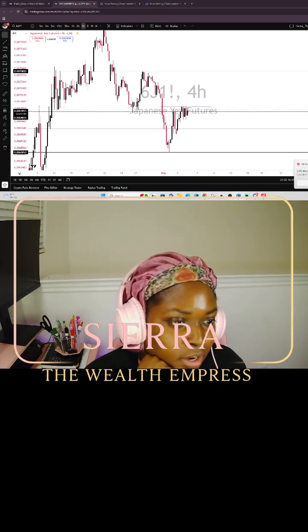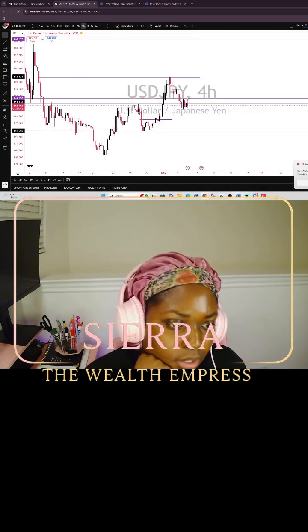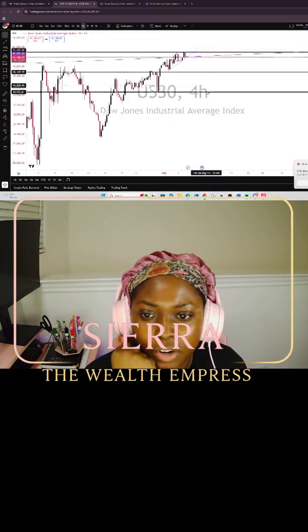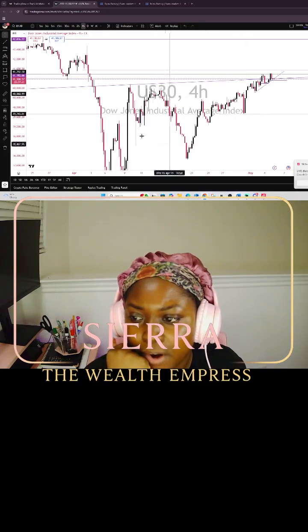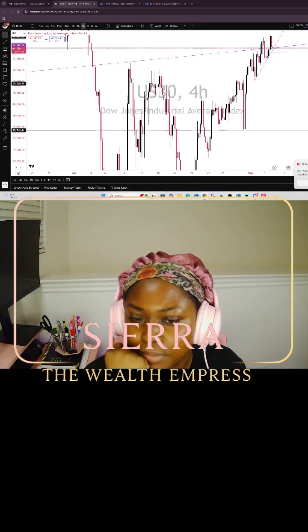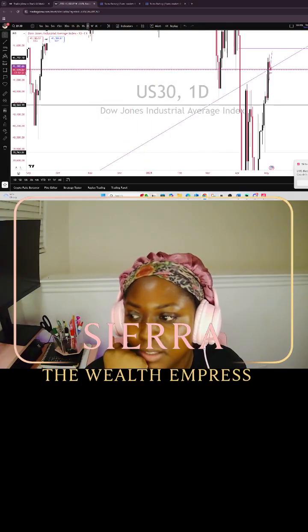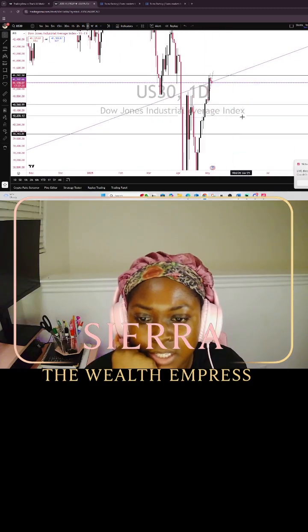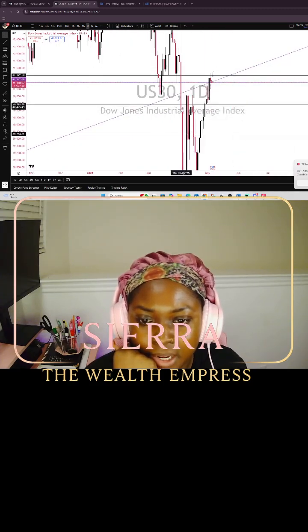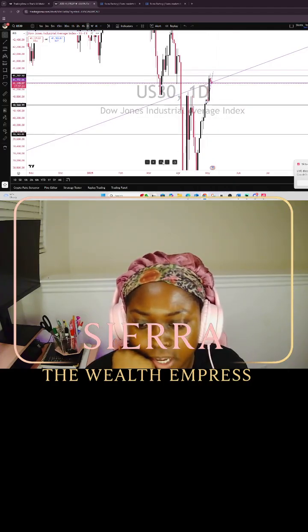And then US 30, we were waiting for price to get underneath this 4-hour fair value gap here. Not that one. Okay. Where's this gap? Nope. Daily. That's what it was. This is daily. So we got a daily gap right here. And this is our current price candle.